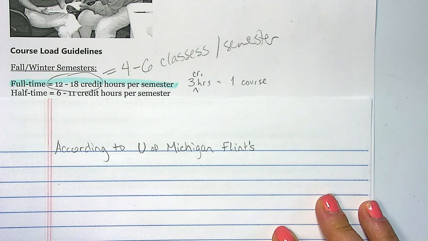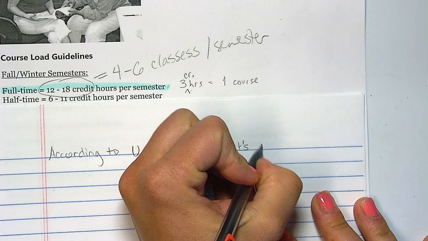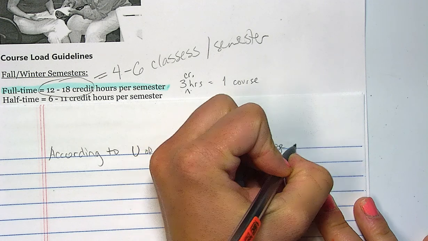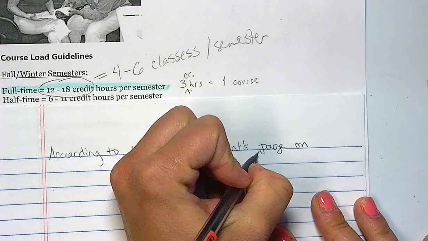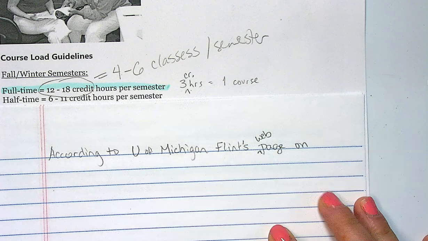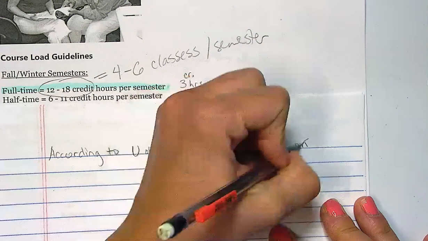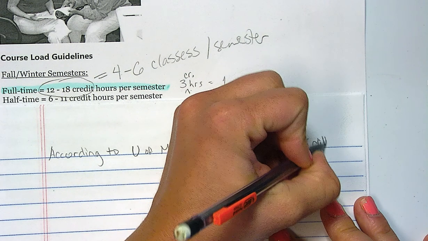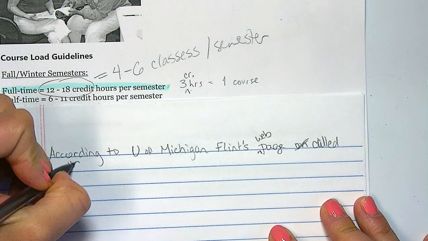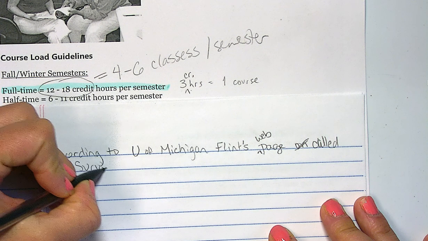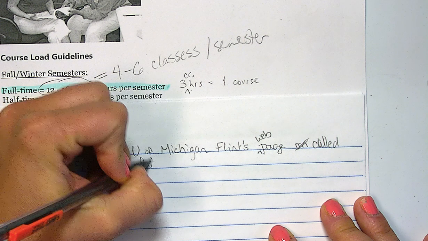I know I'm left-handed, so it's a little hard to see. Flint's page on, let's see, I'm going to add web page on, maybe I'll change this to called Surviving College.